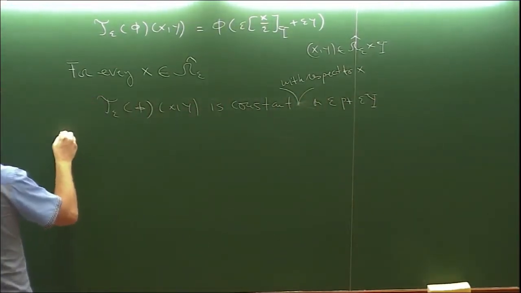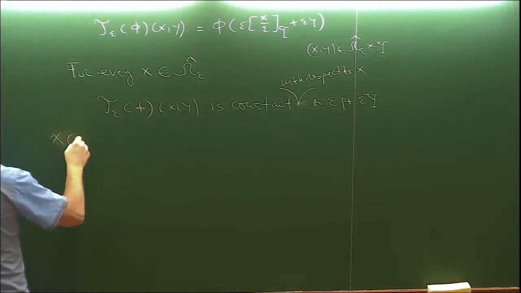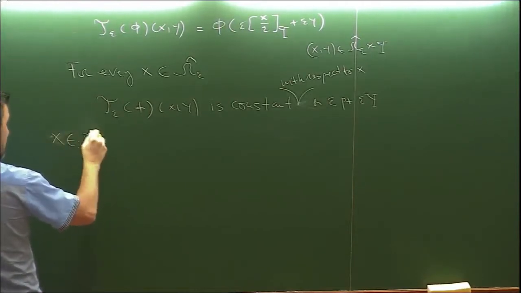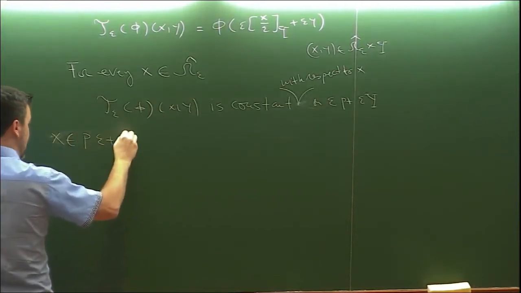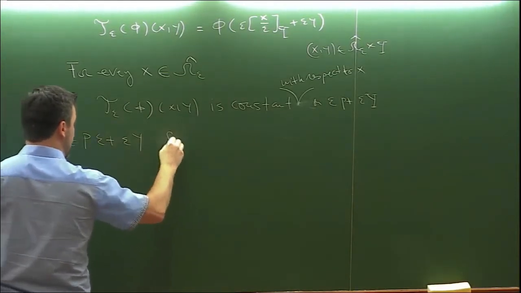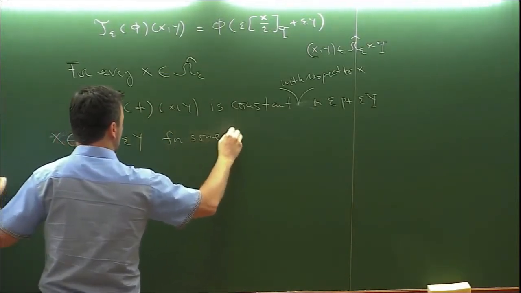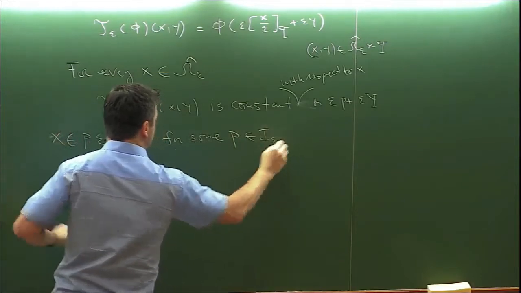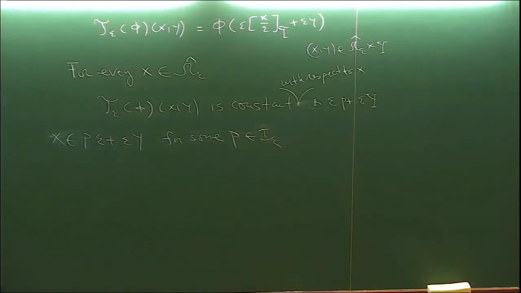What does it mean? Well, I'm looking for x on this translated y cell, epsilon p plus epsilon y, let's say, for some p in the interval I epsilon. You remember this interval was those all integers corresponding to the epsilon y translates which are inside omega, okay? So I'm focusing on one tiny cell there.